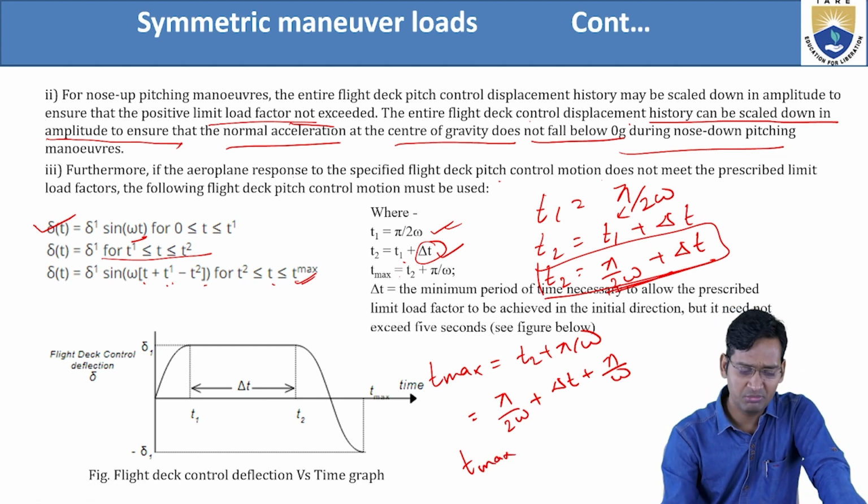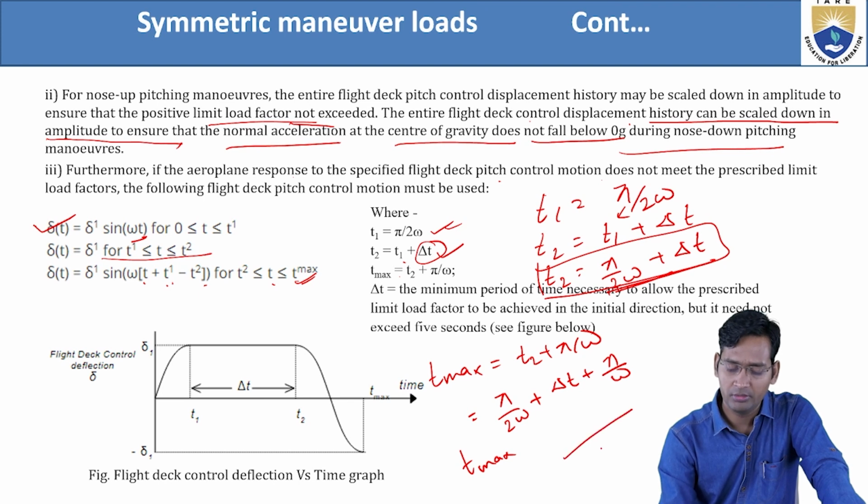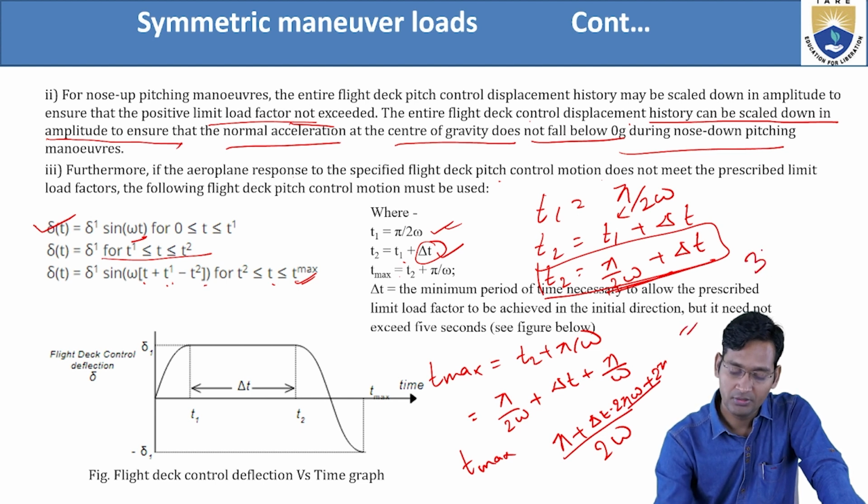Okay, you can further simplify this also. Taking the common denominator 2 omega, this will be pi plus delta t into 2 omega plus 2 pi, so that we can write as 3 pi plus 2 omega into delta t, all by 2 omega.